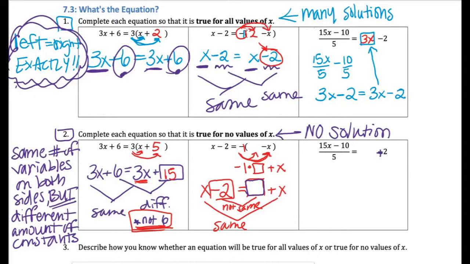Pick any number. Any number that when you multiply by negative 1 does not get you negative 2. 10, 12, negative 7. Anything. I'll put 4 in that spot, because negative 1 times 4 is negative 4. It makes them not the same.